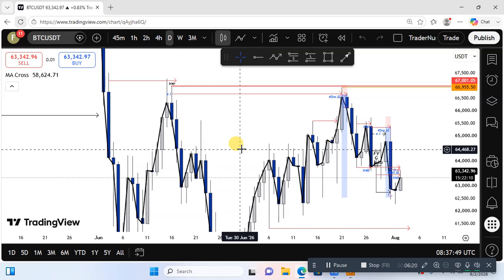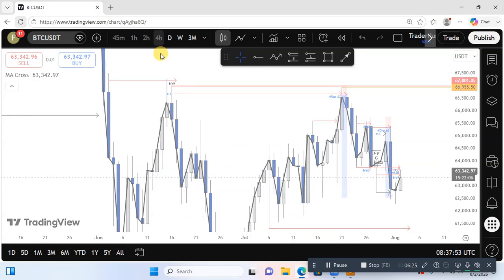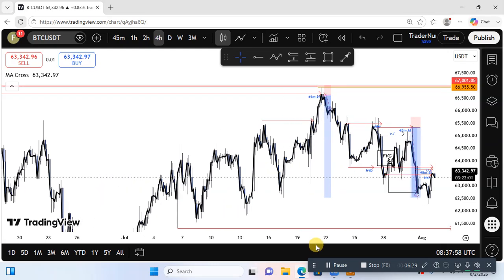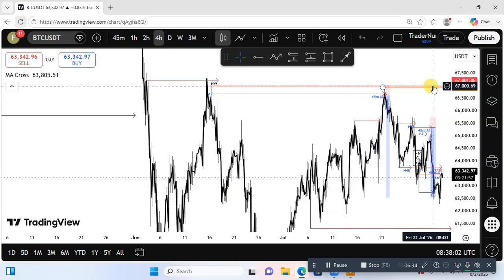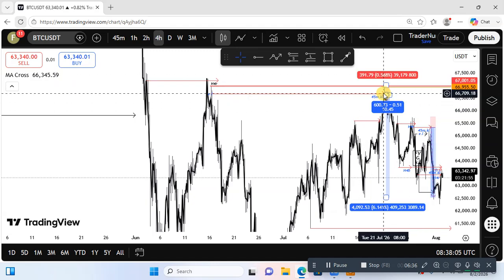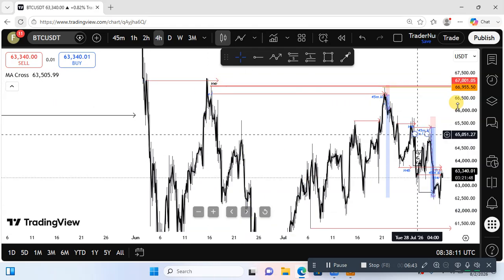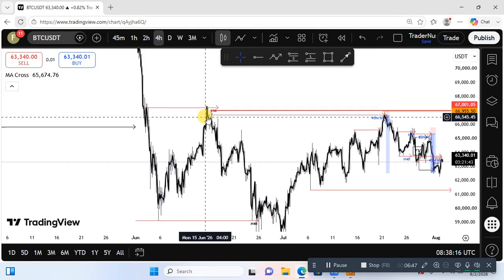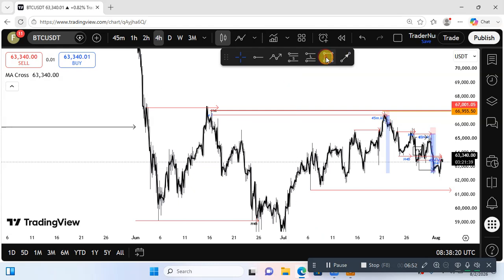Okay, so now from the H4, at this point we want to understand what is going on. After this first reaction here, then the break of structure, we want to understand how the candles are relating with each other on this very point.